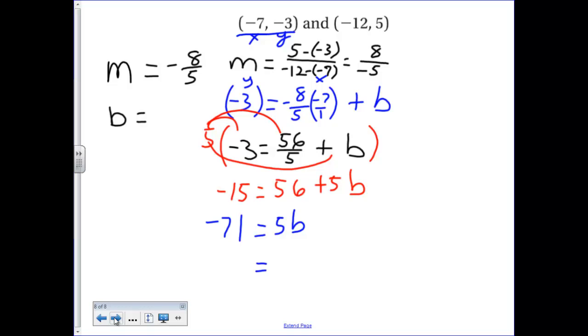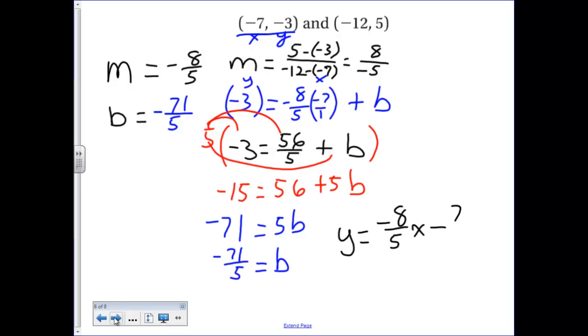And then divide by 5 on both sides. So b ends up equaling negative 71 over 5. Negative 71 over 5. It's not a pretty intercept, but it is the correct one. So y will equal negative 8/5 x minus 71 over 5.